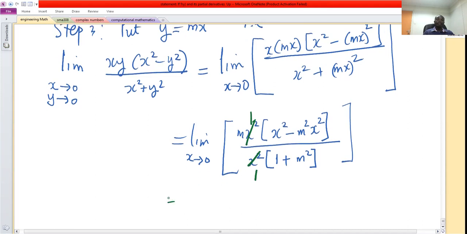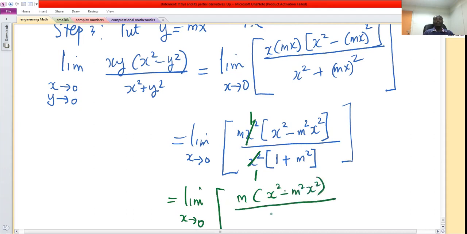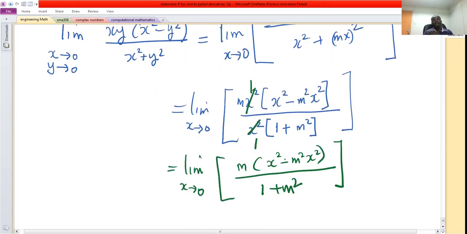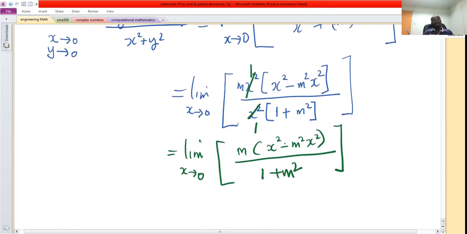And then we have the limit as x approaches 0 of m times (x squared minus m squared x squared) divided by 1 plus m squared. Now here direct substitution will work.